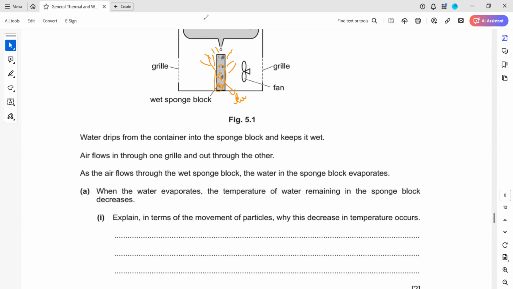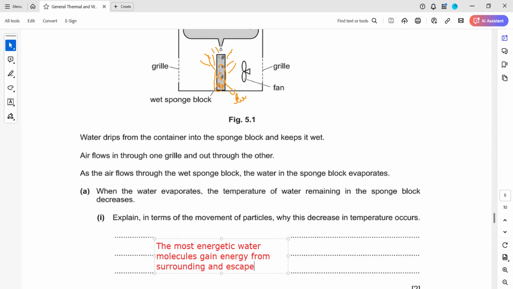So we have to explain in terms of the particles. We'll mention the most energetic molecules, water molecules, gain energy from the surroundings and escape.